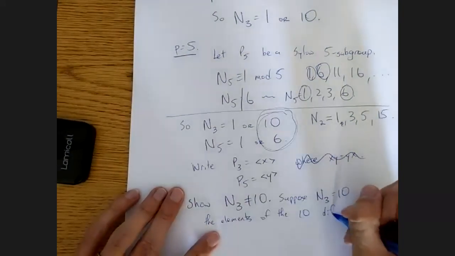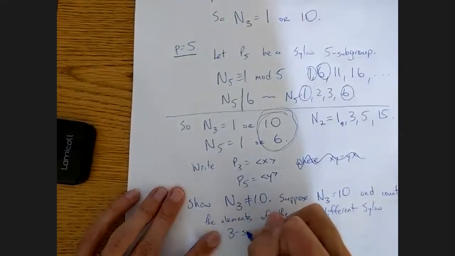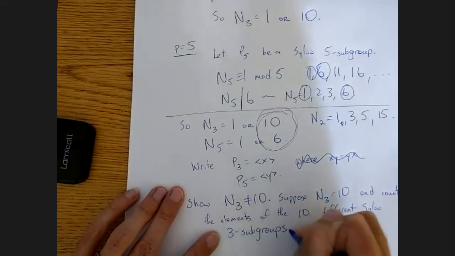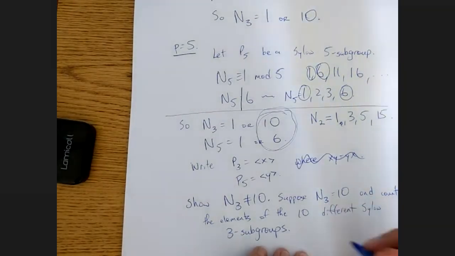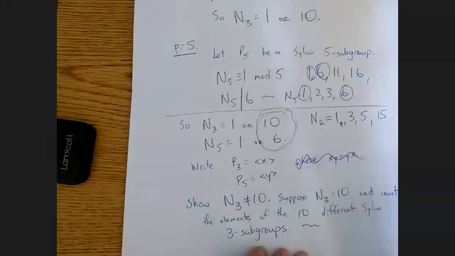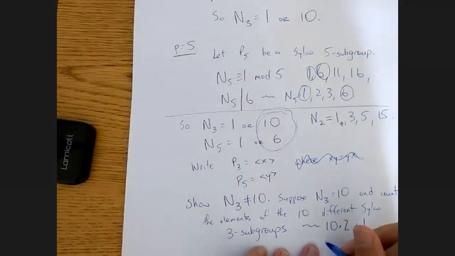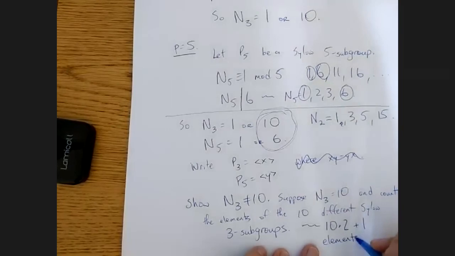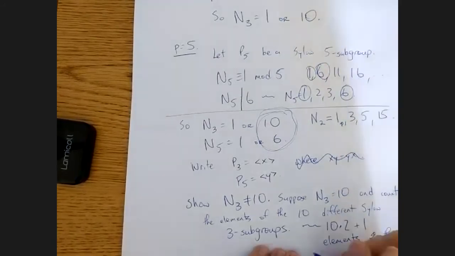There are 10 of them. Each has the identity element, but the two remaining elements are all different over all the different Sylow subgroups. So you have 10 times 2 plus 1 elements in the Sylow 3 subgroups.